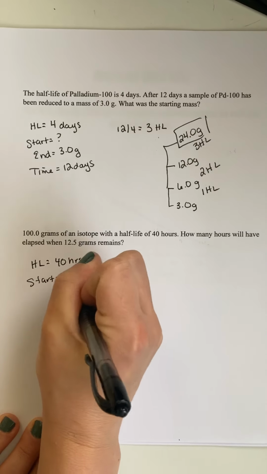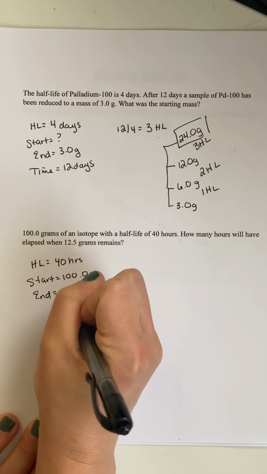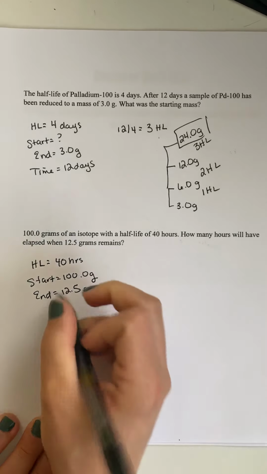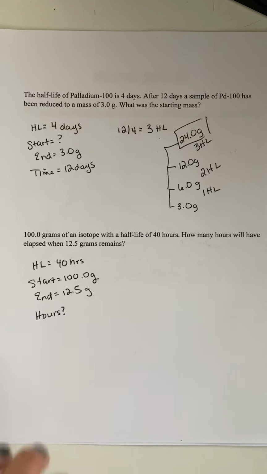I know I start with 100 grams, and I end with 12.5 grams. This is asking how many hours. Now, our first question asks us how many half-lives. This time, I do need to incorporate how many half-lives, but I want to know how many hours have passed when my sample decays down to 12.5 grams.